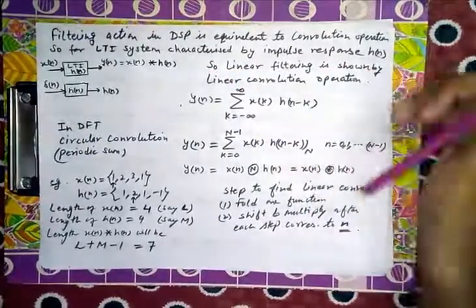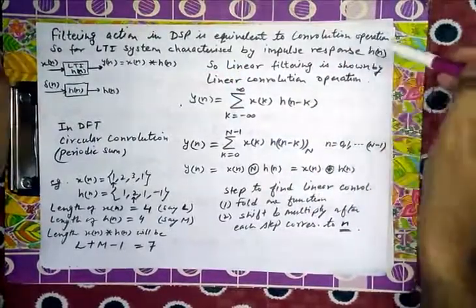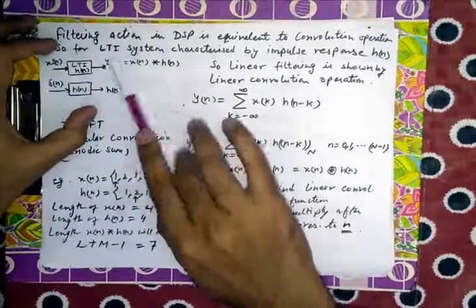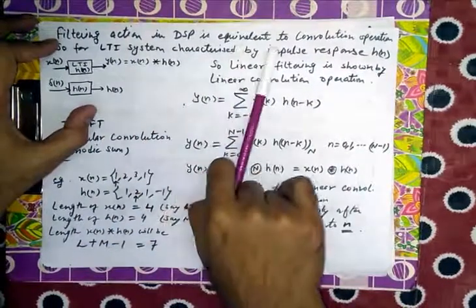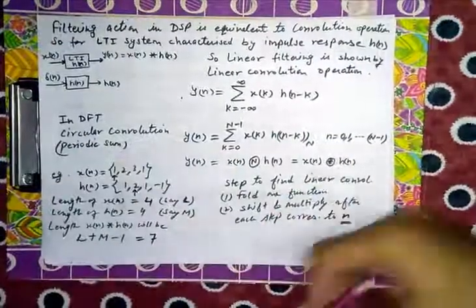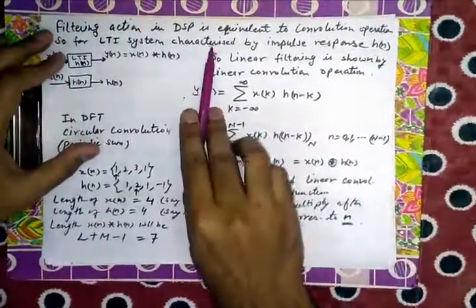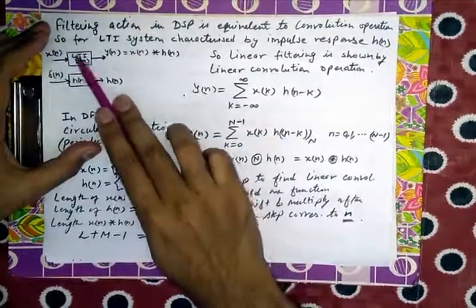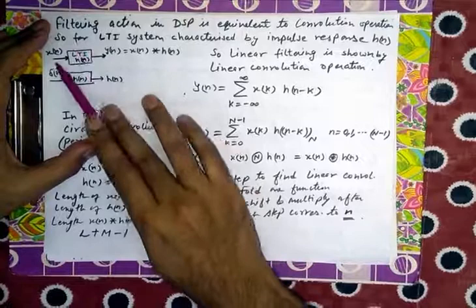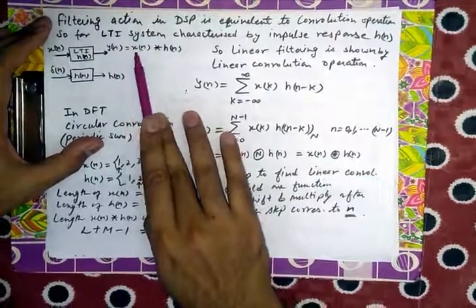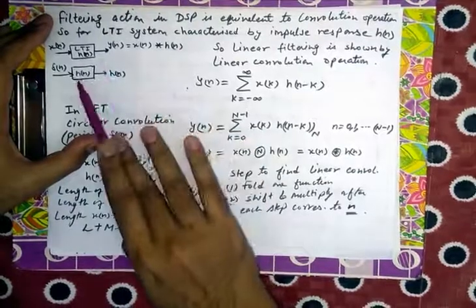So filtering action in digital signal processing is equivalent to the convolution operation. When we use the filtering term in DSP, it has the same effect as convolution in mathematics. For a linear time invariant system, characterized by impulse response h[n], x[n] is the input, and the output y[n] is the convolution of x[n] with h[n].